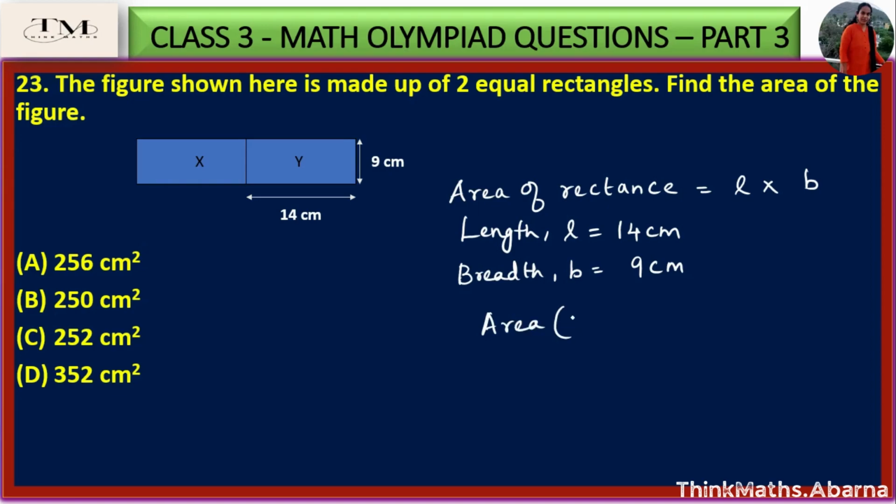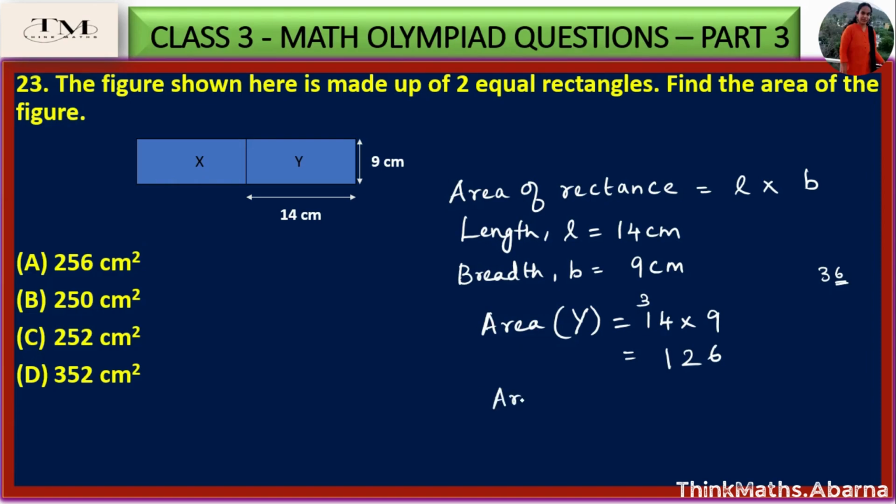We are going to find out the area of Y. L into B, so it is 14 into 9. How do you multiply? 4 into 9 is 36. Write only the ones place number, 6, balance is 3. 1 into 9 is 9. 9 plus 3 is 12. So area of Y is 126.